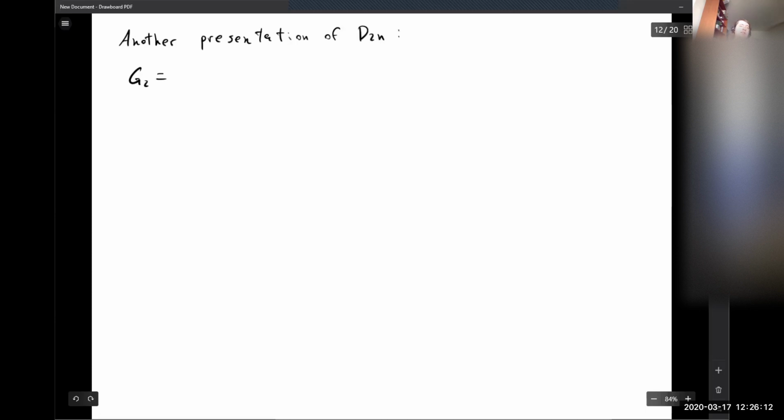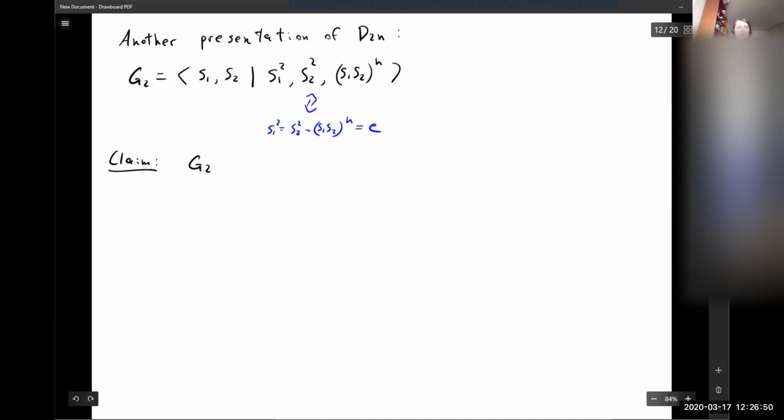So let's look at the group G2, again generated by two elements, S1 and S2, subject to the following relations: S1 squared, S2 squared, and (S1 S2) to the power n are equal to identity. S1 squared equals S2 squared equals (S1 S2)^n equals e. The claim is that G2 is also isomorphic to D_2n.